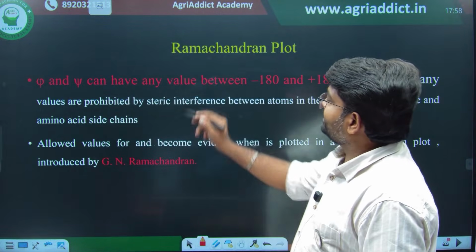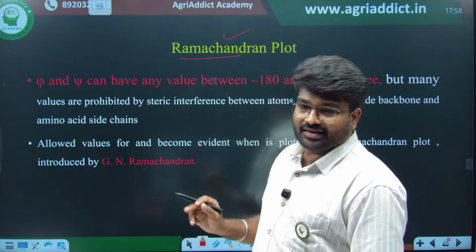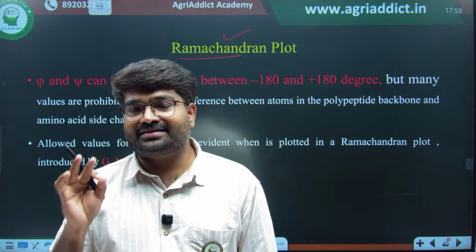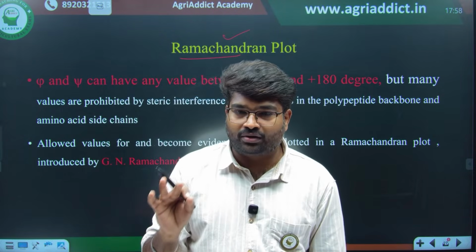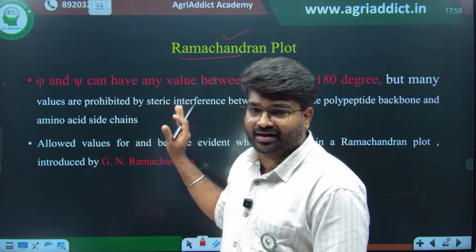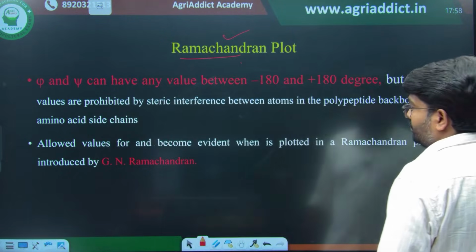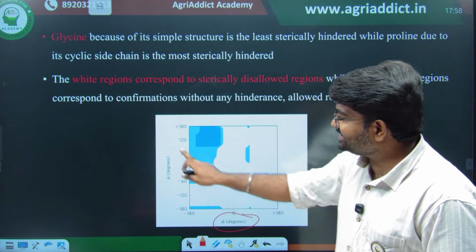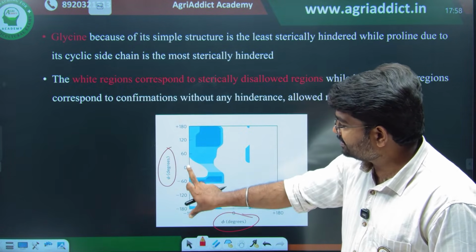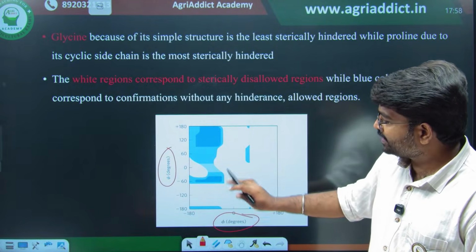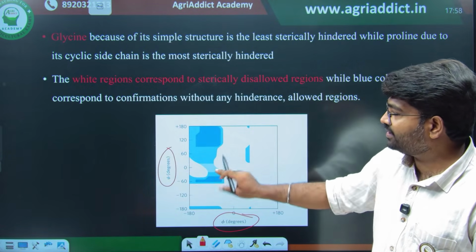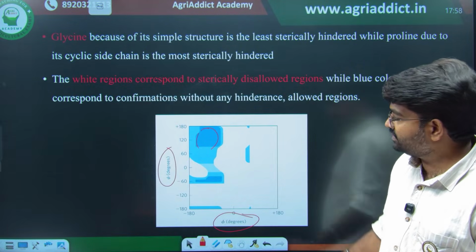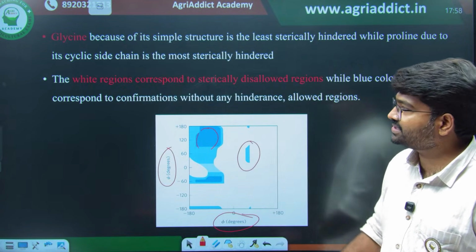The Ramachandran plot tells us what possible rotations will create the stable secondary structure of protein; it was elucidated by Ramachandran and the plot was given like this. See here, phi values and psi values, total 360 degrees. Wherever the possible regions are, in this region protein secondary structure will form, here also it will form.